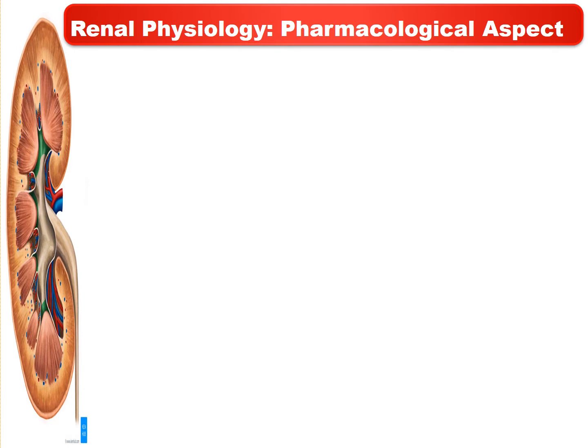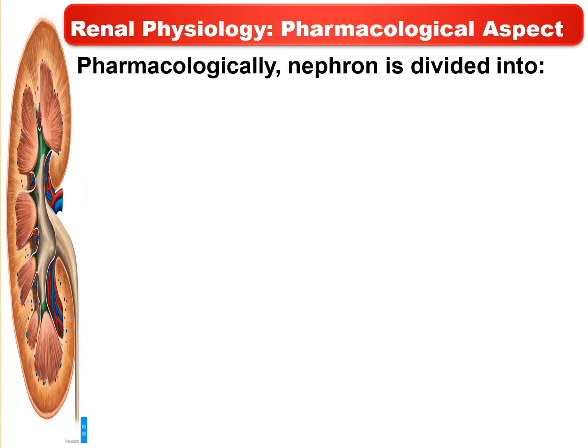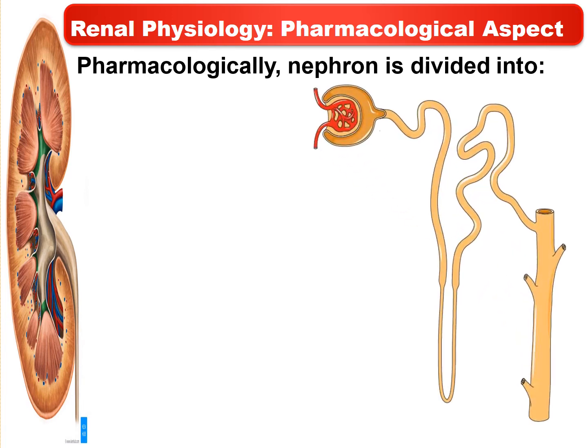Then, let us summarize the renal physiology with respect to the pharmacological aspects. Pharmacologically, the nephron is divided into the following four segments. The four sites of the nephron are pharmacologically divided to understand the mechanism of action of diuresis.